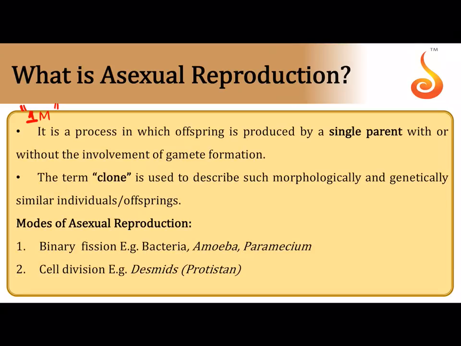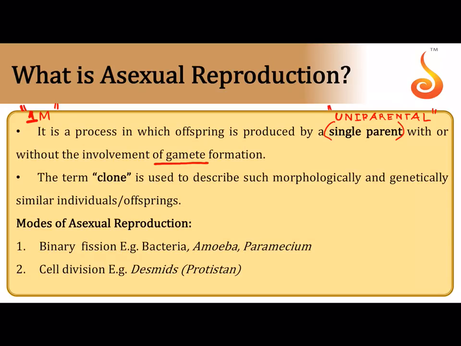So what is asexual reproduction? It is a process in which an offspring is produced by a single parent. Very important. Uniparental. So one of the salient features of asexual reproduction is that a single parent is producing offsprings with or without the involvement of gamete formation.